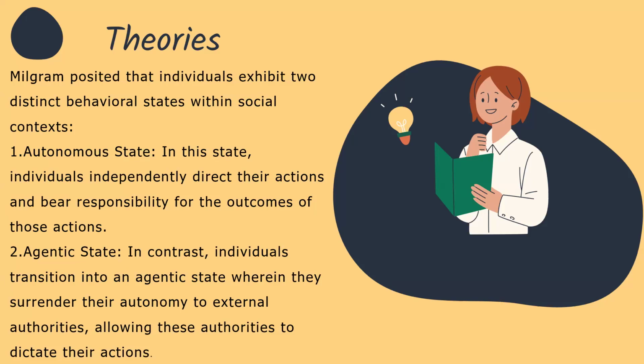I think these theories, among others, help explain the psychological mechanisms underlying obedience to authority as demonstrated in Milgram's study. They illustrate how social, cognitive, and situational factors interact to shape human behavior in obedience situations.